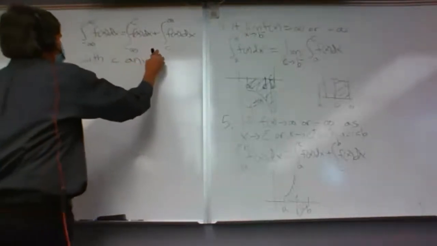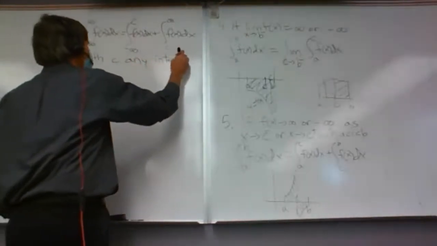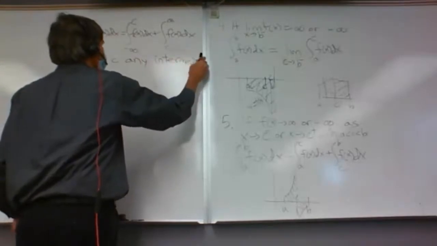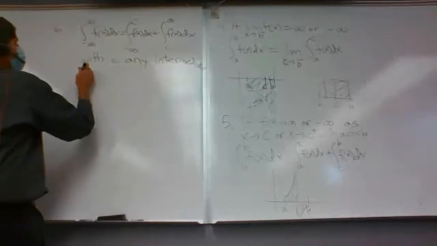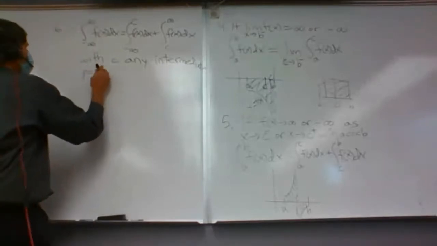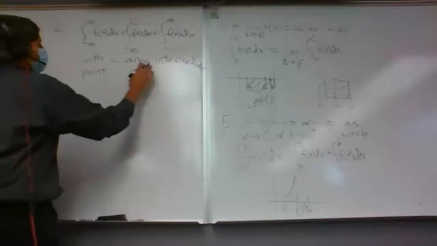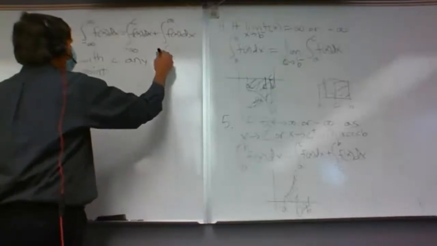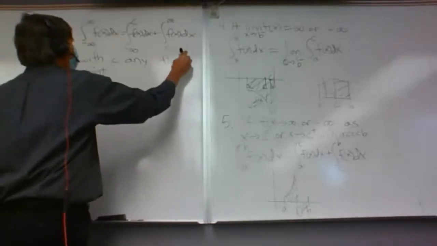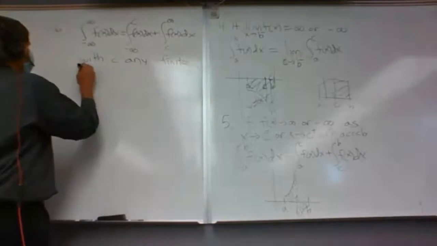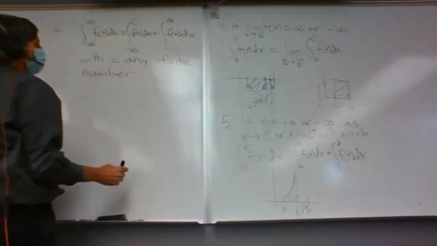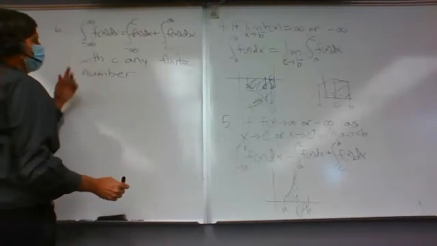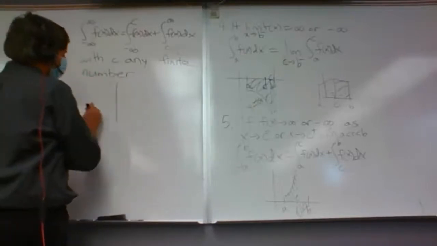So it follows calculus 1. How nice. We don't have to learn anything more. But it also works well, right? To see any intermediate point, any finite point, I guess I should say, any finite number, regardless of how you do it.